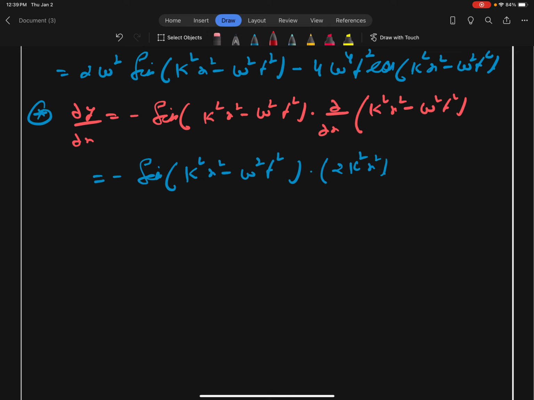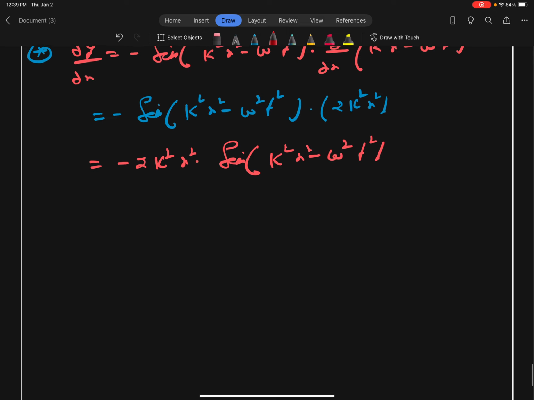So we get the partial derivative will be equal to minus 2k square x square sine of k square x square minus omega square t square.